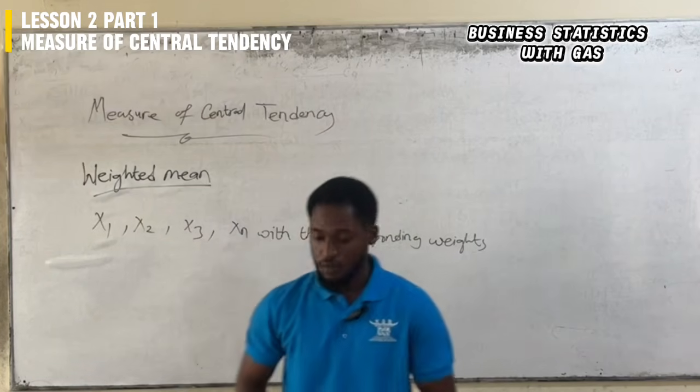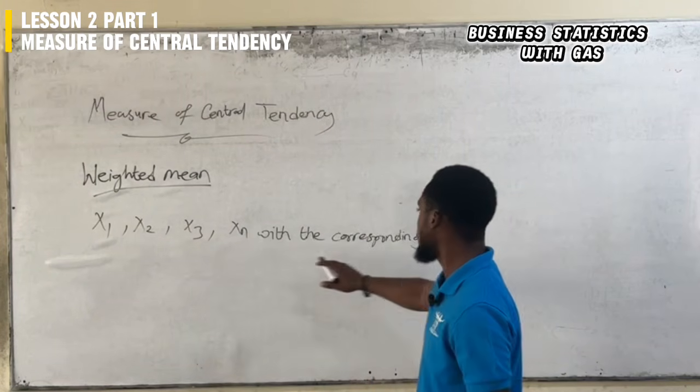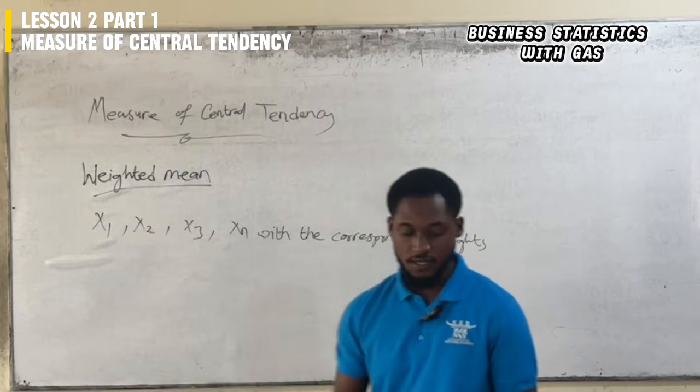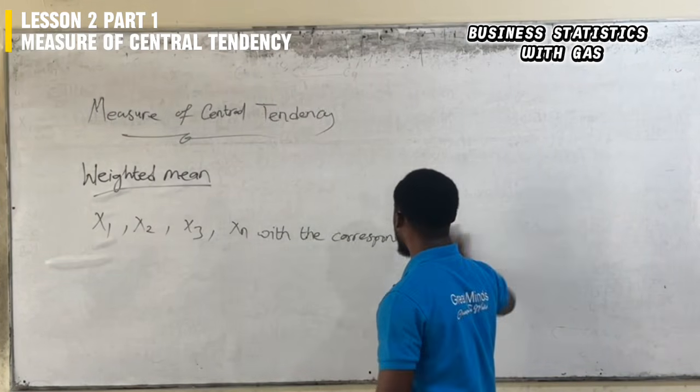So this is actually explaining the formula to you. So we are going to state the formula of the weighted mean, then we solve an example on it.